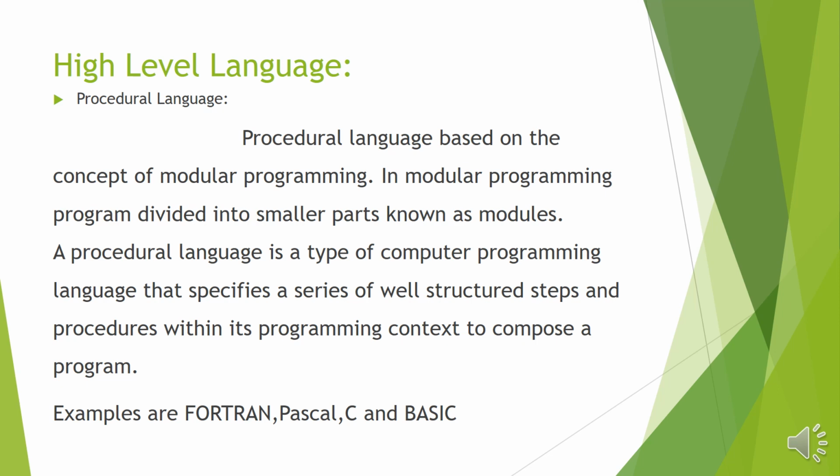In modular programming, a large program is divided into small pieces known as modules. A procedural language is a type of computer programming language that specifies a series of well-structured steps and procedures within its programming context to compose a program.